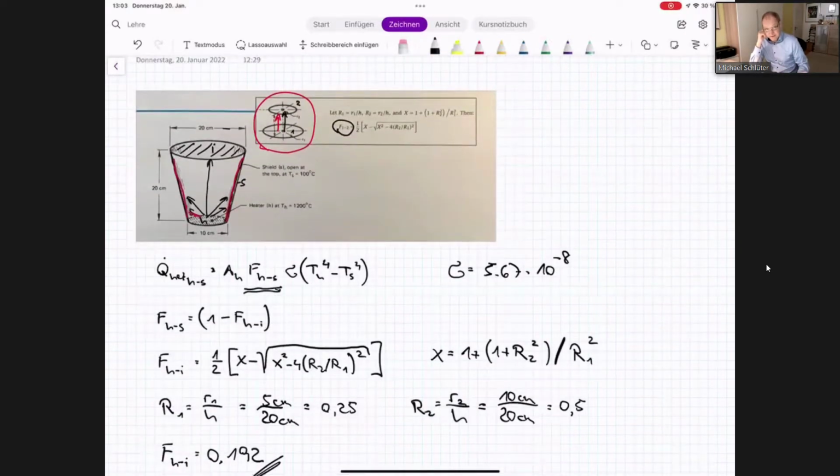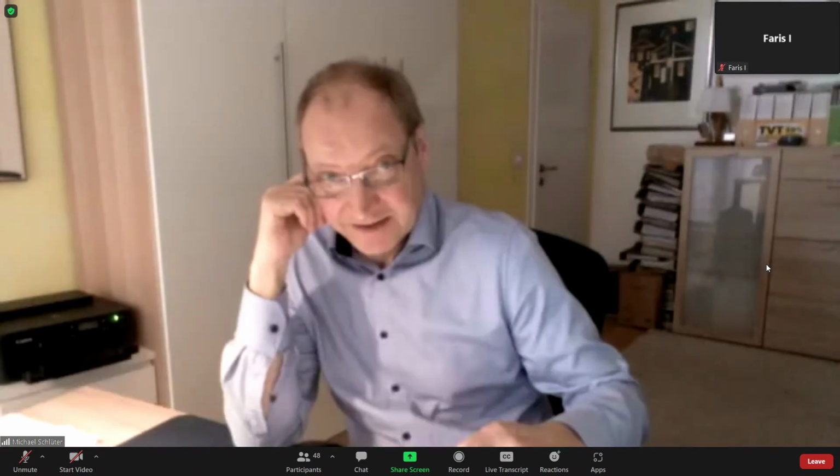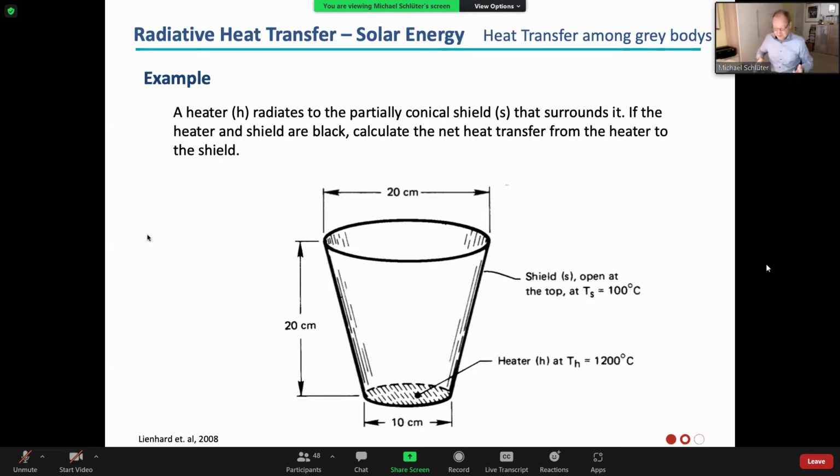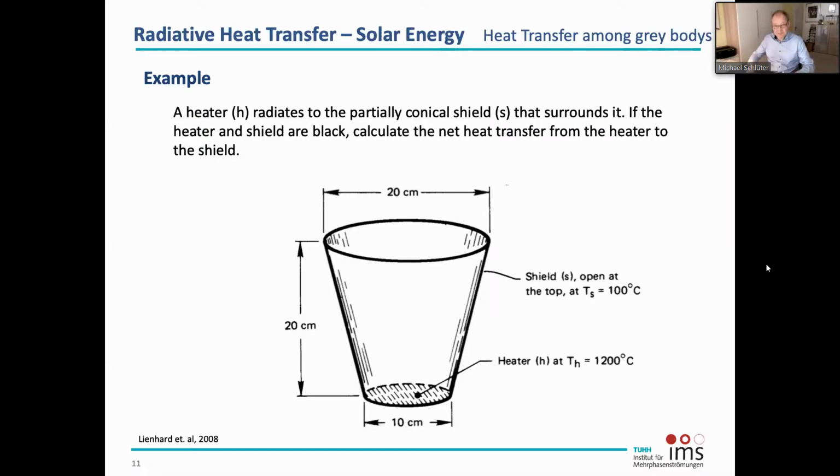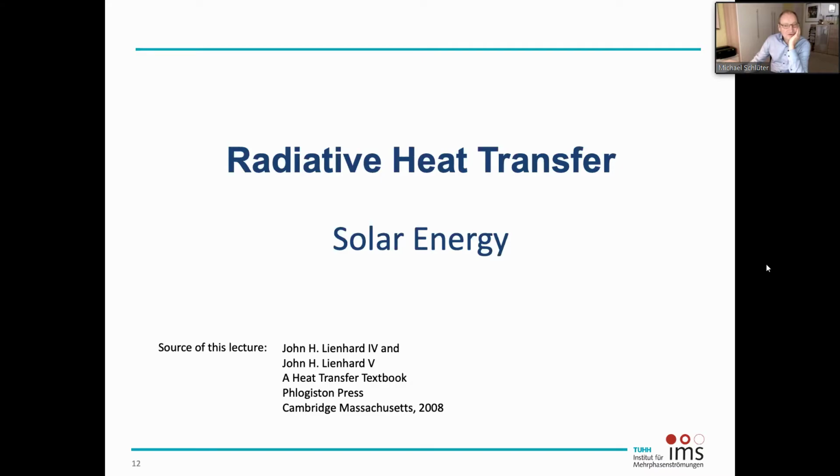Any question left to this? I guess it's not very difficult, but I hope it was helpful to see the application of these equations. Good. If you have no further question related to this example, then I would like.